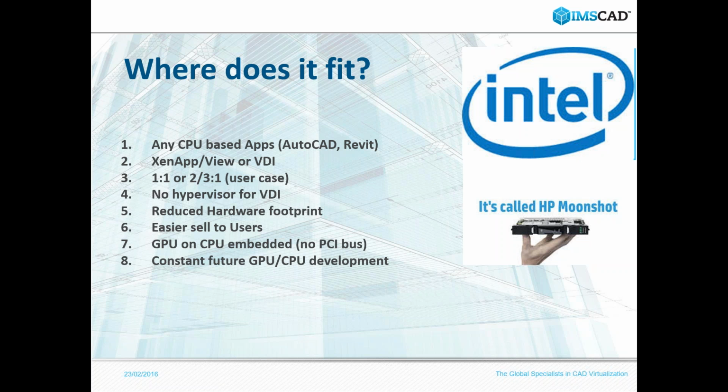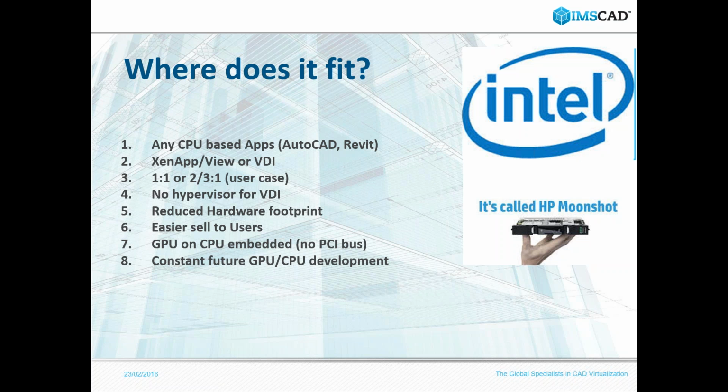And of course, at the same time, when you're centralizing your CAD and designers, you do the rest of your estate. Your office workers as well can have a VDI instance or a XenApp instance. So as I mentioned earlier, you can use these type of technologies to create much more density on these cartridges. It's not just set to 1-to-1, even though that's the normal recommended way of doing this with the CAD application.